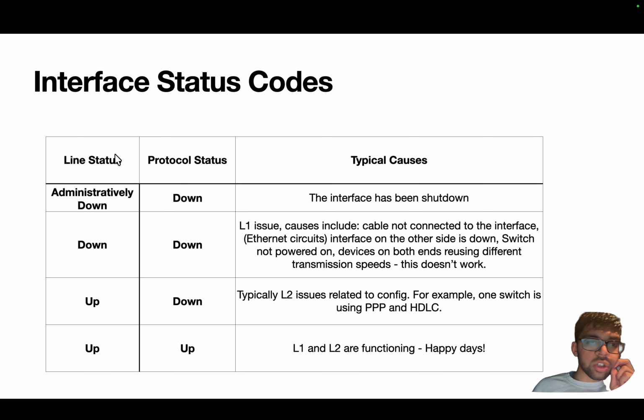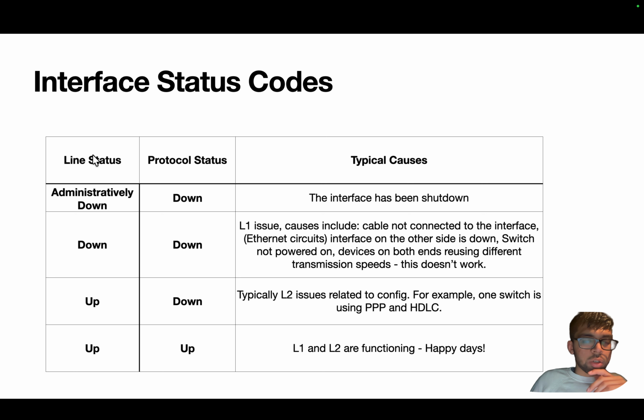So if your line status is administratively down and your protocol status is down, that means your interface has been shut down by the administrator. Administratively down is different from down. Administratively down means an engineer has gone on and typed in shutdown to shut that interface down. Now, down, on the other hand, is an indicator of layer 1 issues.